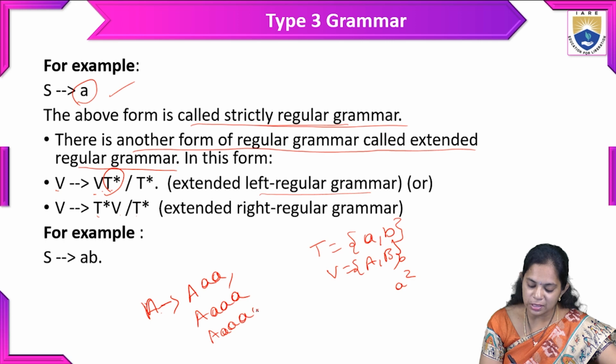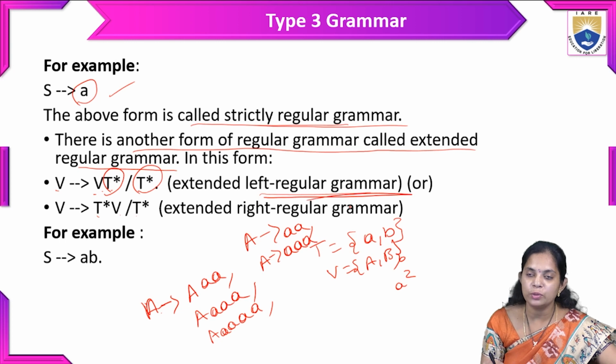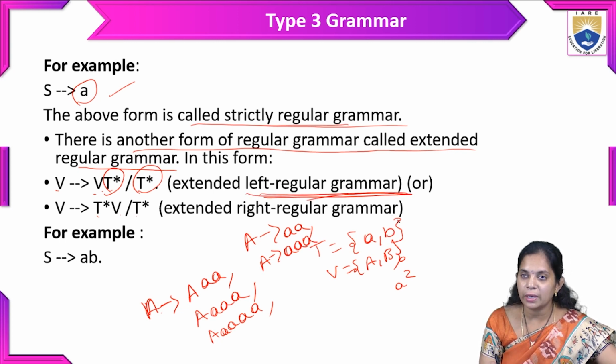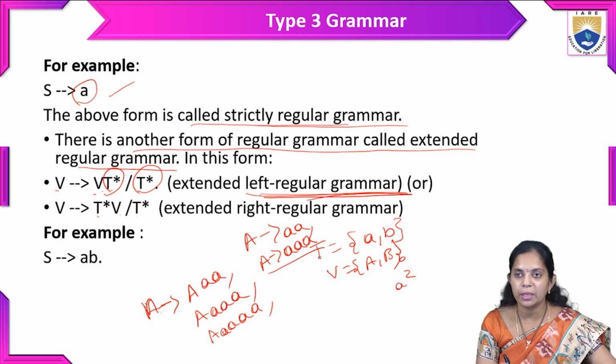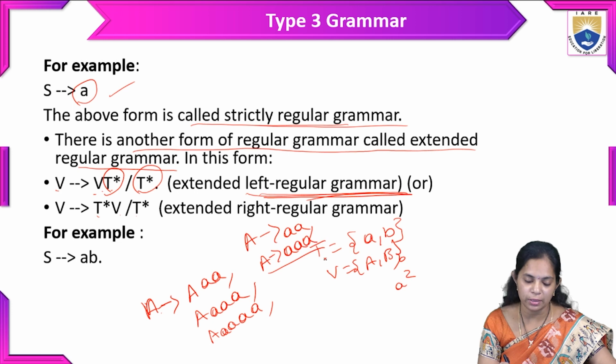So this T star represents the sequence of these terminal symbols, and also A tends to aa, or A tends to aaa, based on the length, in the extended left regular grammar.